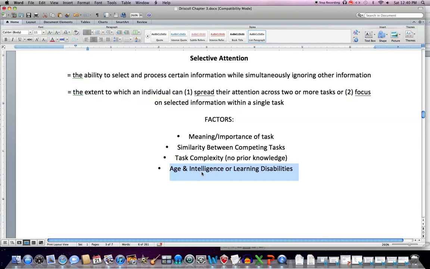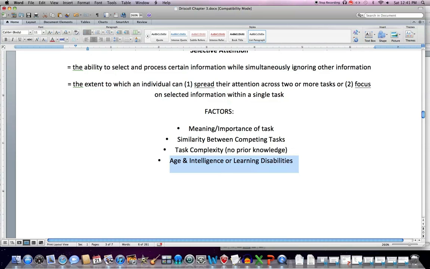People with higher IQs tend to have the ability to either focus more stringently or multitask and pay attention to more complex sources of stimuli in the environment. Another thing that would be important would be learning disabilities. If you have something like a hyperactive disorder, etc., then it's often difficult to focus on anything. So all of these can play a factor in selective attention.